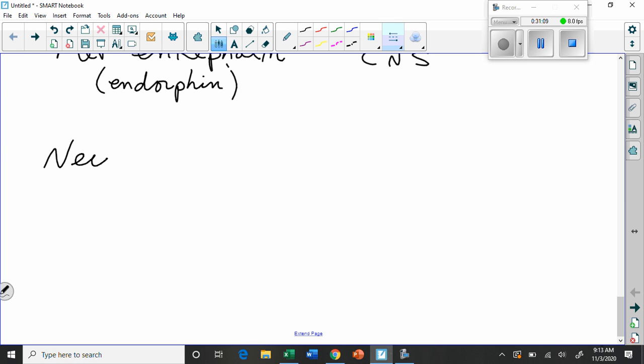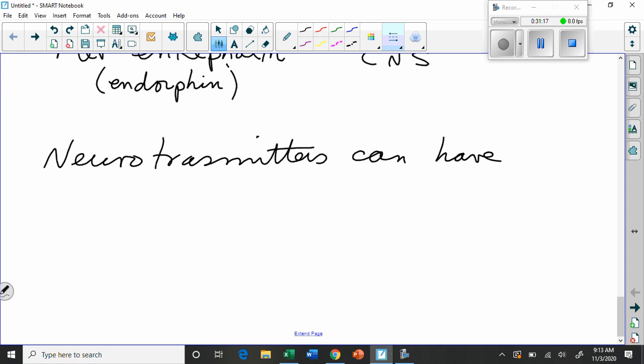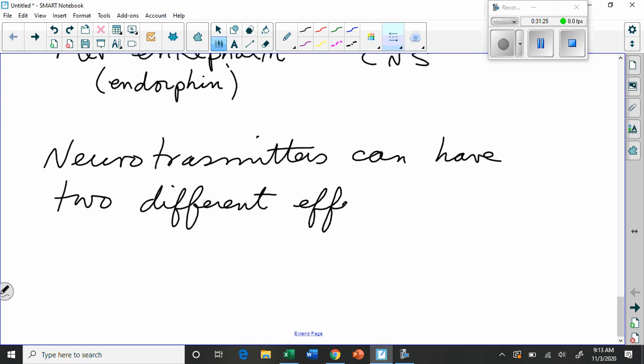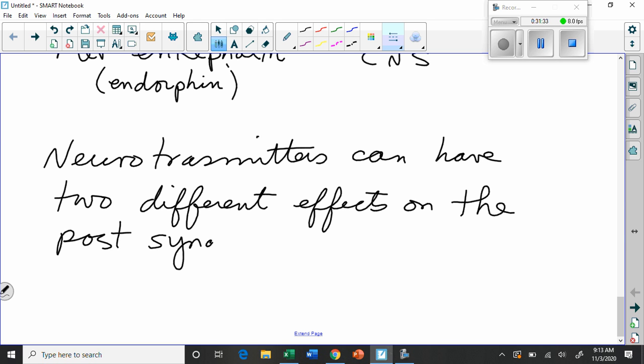Neurotransmitters can have two different effects on a neuron or muscle. I'm going to say on the postsynaptic cell, right? Whatever that is, whether it's another nerve or whether it's a muscle.